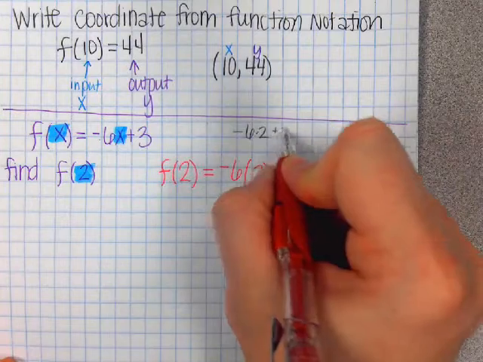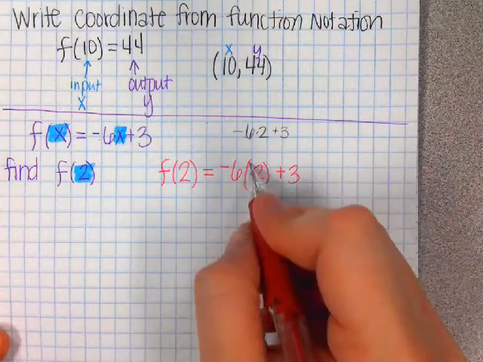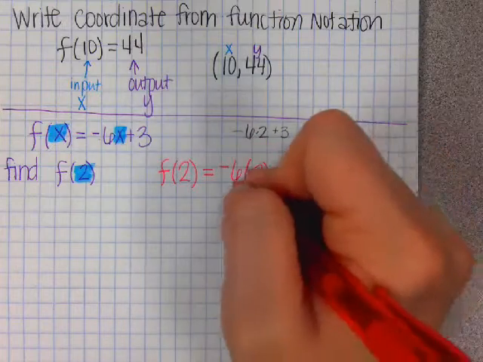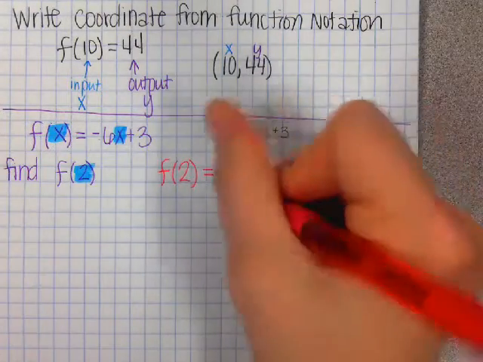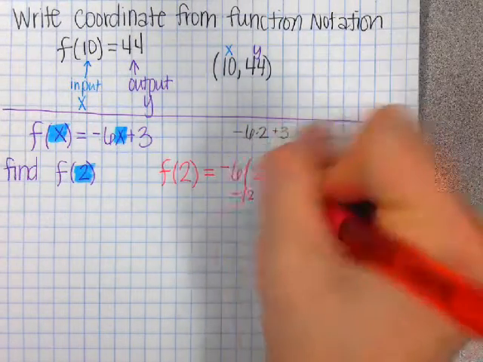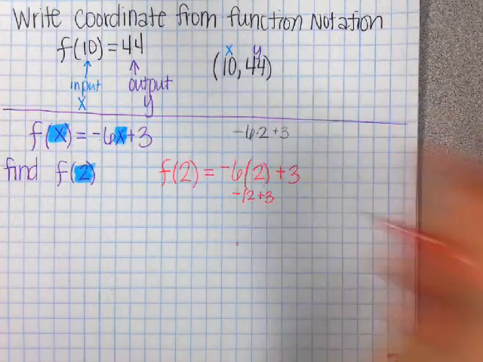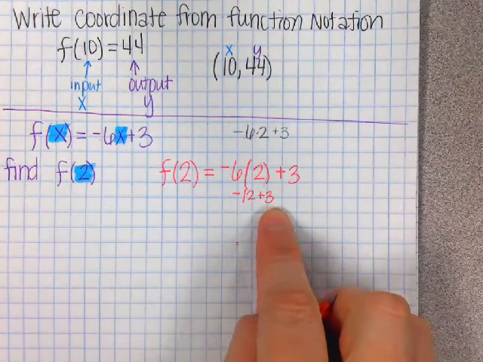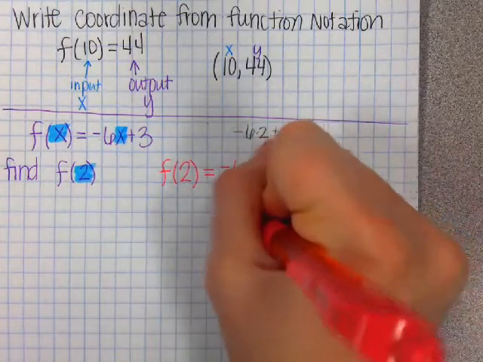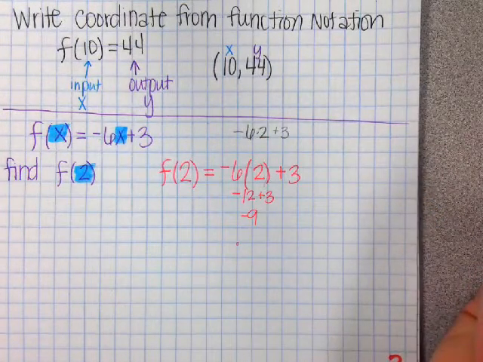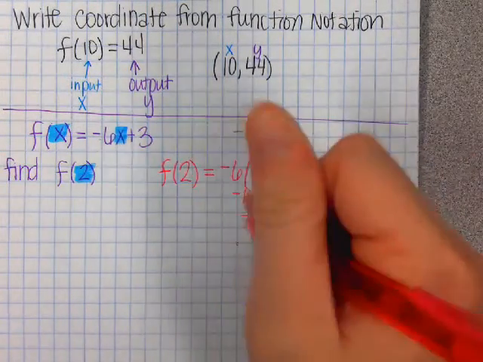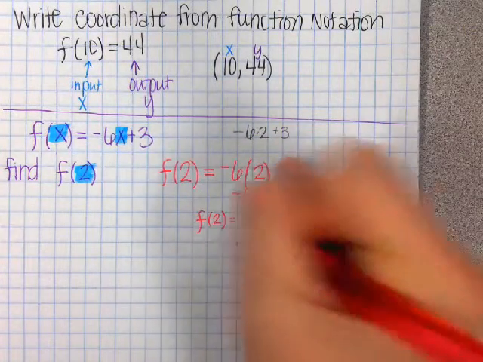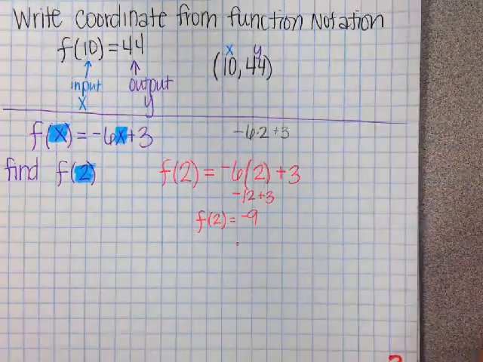I just think that people get mixed up, so I always input it using parentheses. So then it would be negative 6 times 2, which is negative 12, plus 3. Negative 12 plus 3 would be negative 9. Now you have to write this f of 2 part again, so f of 2 is equal to negative 9.